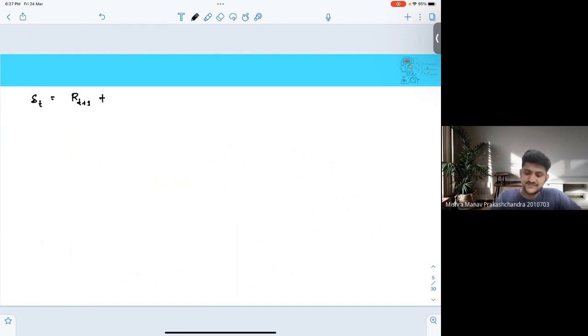So I have R T plus one plus gamma times V of S T plus one minus V of S T. Okay, so this is the TD error that I have.